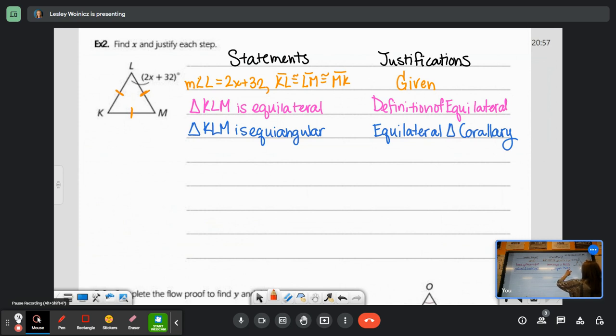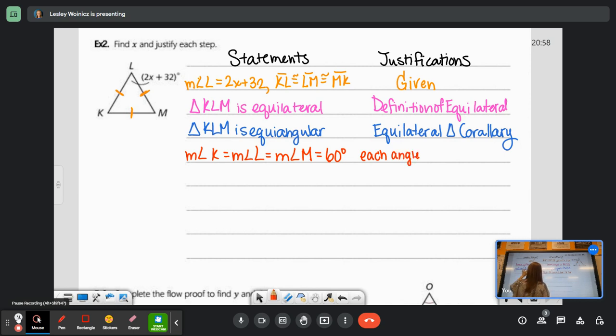We know that the measure of angle K equals the measure of angle L equals the measure of angle M equals 60 degrees because each angle of an equiangular triangle measures 60 degrees.